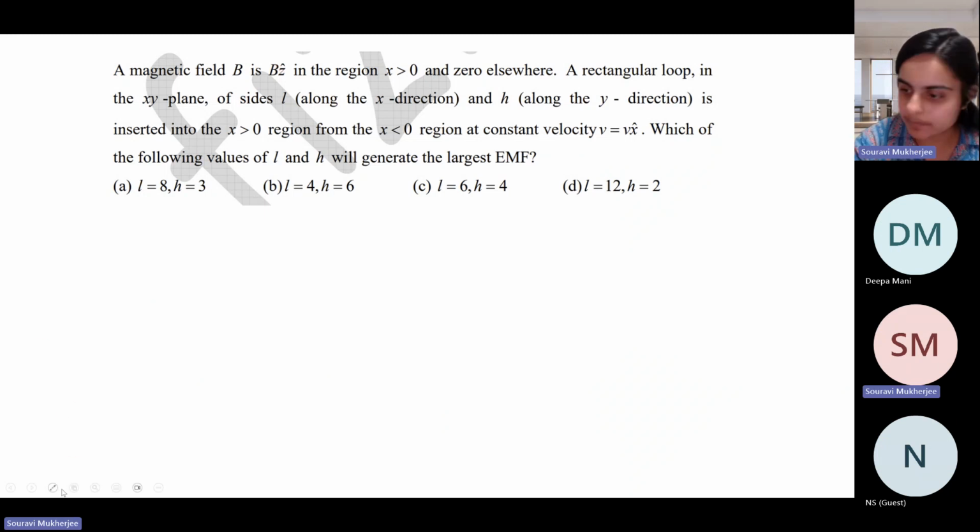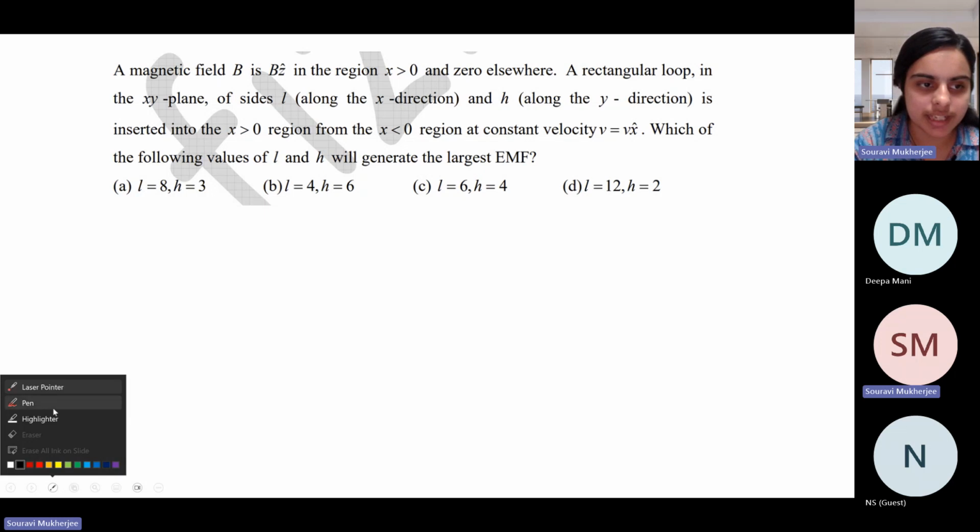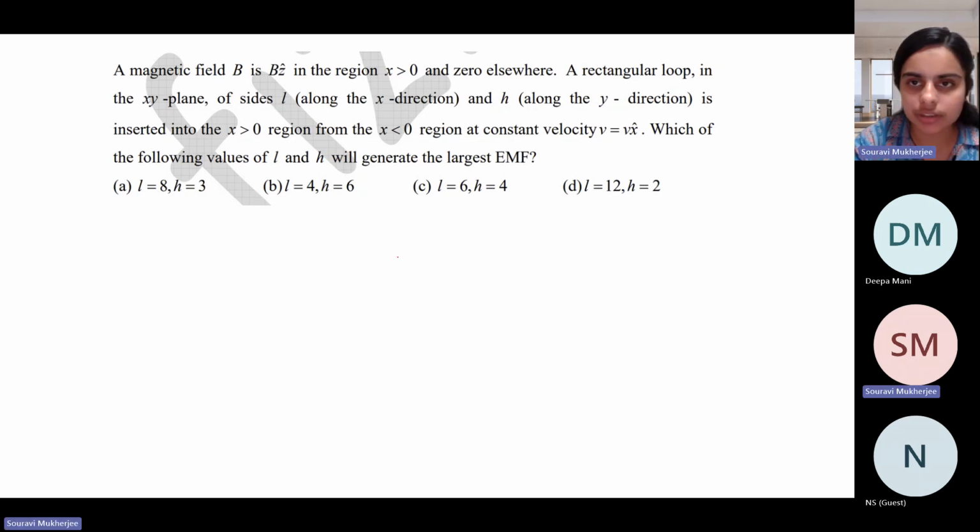What I mean here is that this is your constant velocity, this is your magnetic field. Now, you know that EMF is some integral of F dot some length, dl.